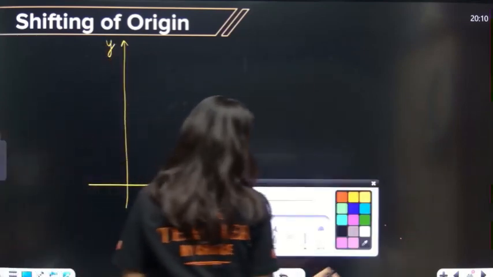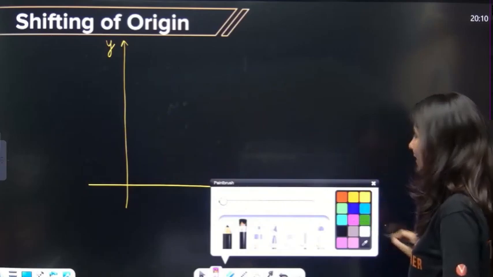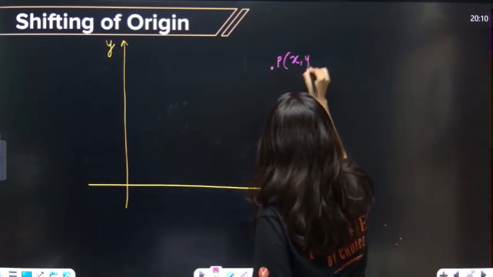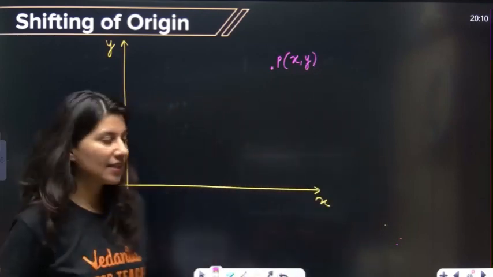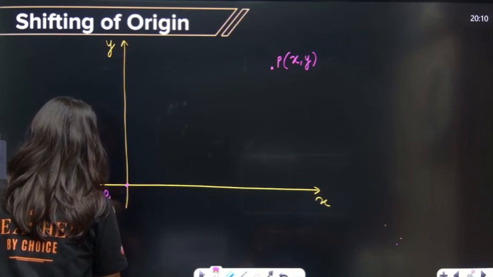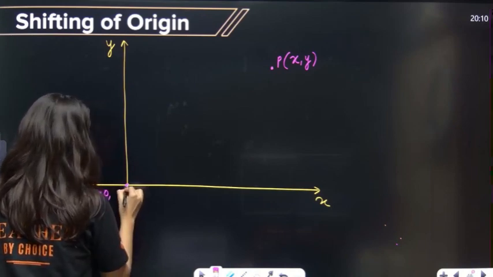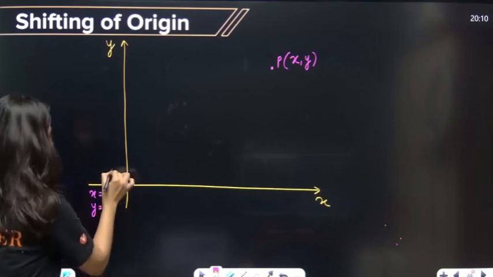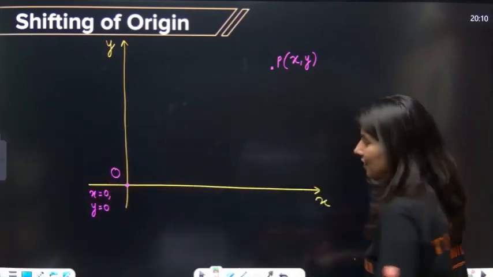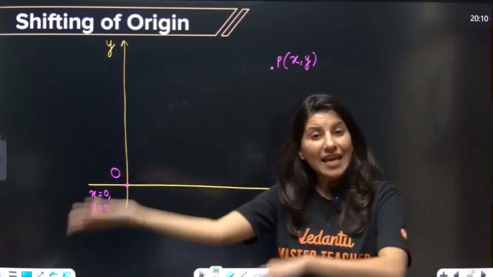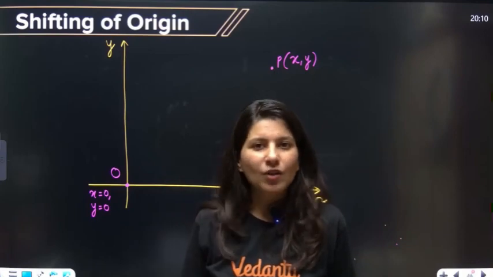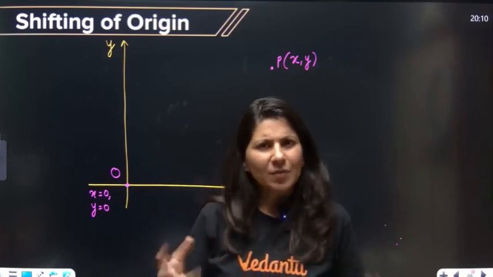And you have got a point P, x comma y, and this is your original origin. So small x is equal to 0 and y is equal to 0. So 0 comma 0 is this point, O is the origin. Now your origin has been shifted to a new point, let's say 2 comma 3 or 1 comma 2, something like that. So let me take a generic point.